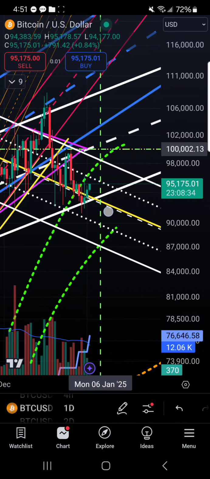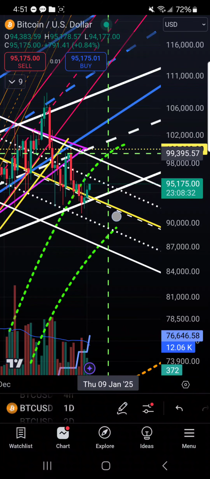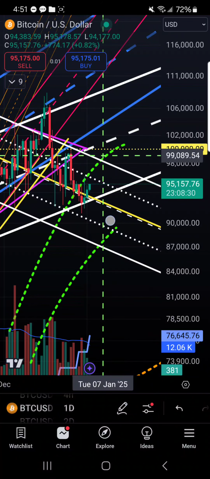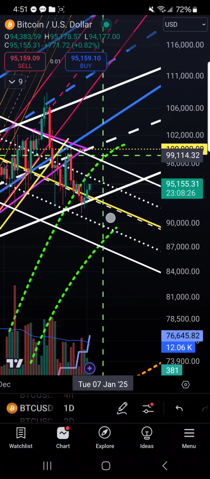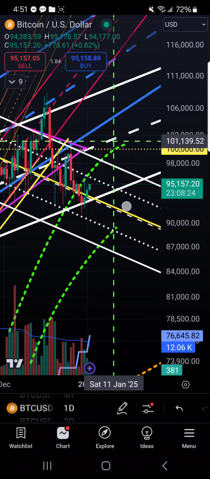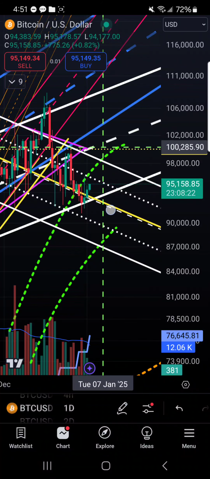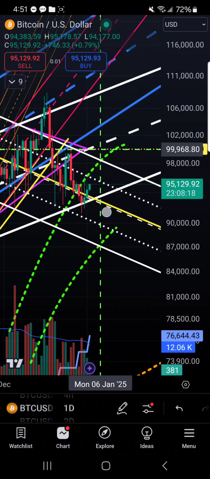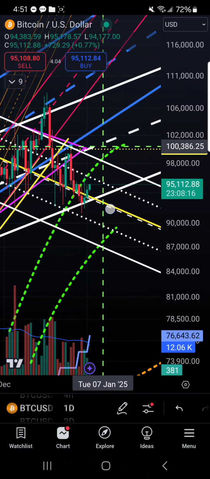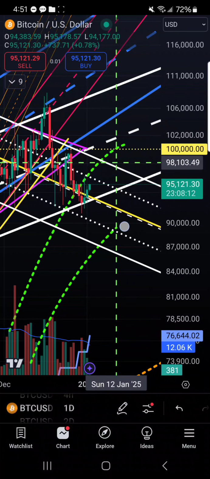So that's a possibility too. But look right here. Well, I don't know. We'll have to take a look at that as we get here. We might just come back up to about 100, up to the center line of this channel, heading into next week, and then see a big pullback.